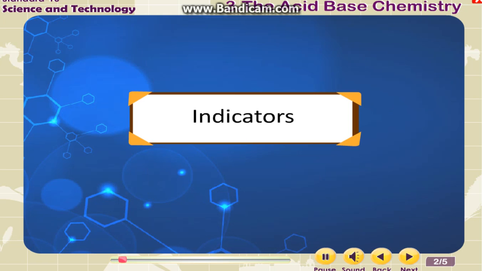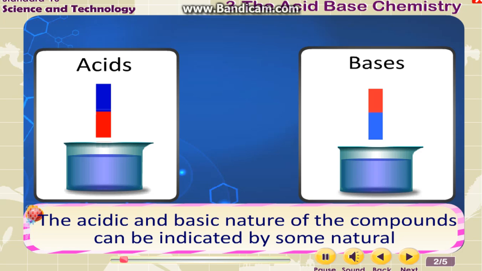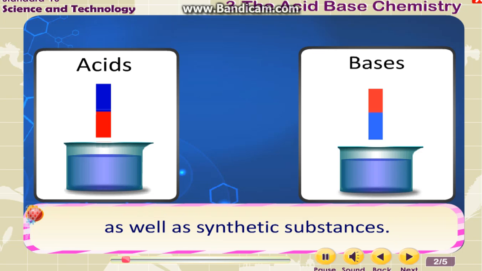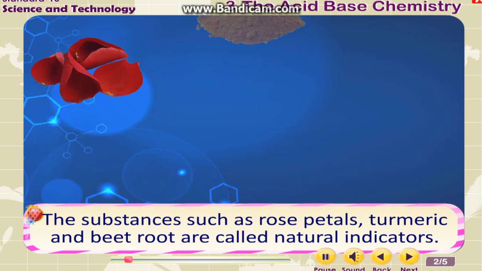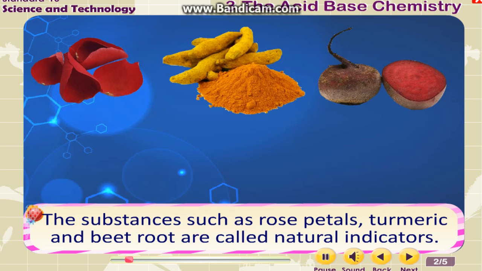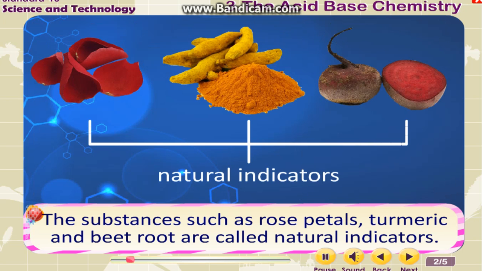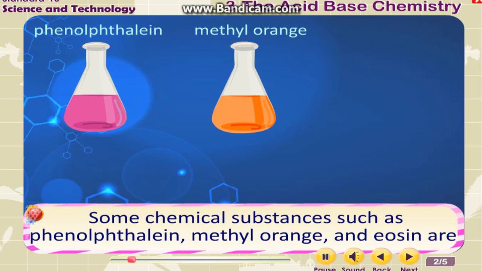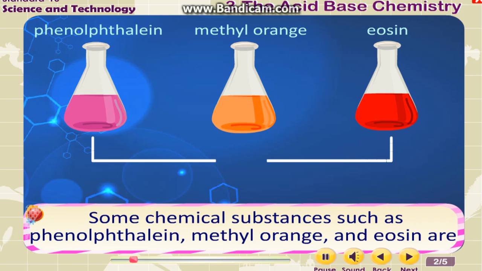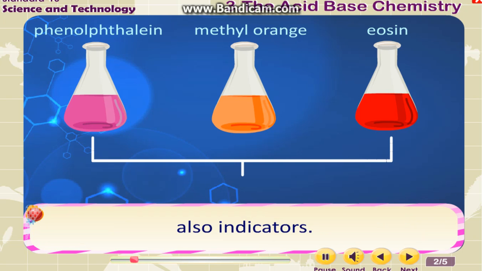Indicators. The acidic and basic nature of the compounds can be indicated by some natural as well as synthetic substances. They are known as indicators. The substances such as rose petals, turmeric and beetroot are called natural indicators. Some chemical substances such as phenolphthalein, methyl orange and eosine are also indicators.